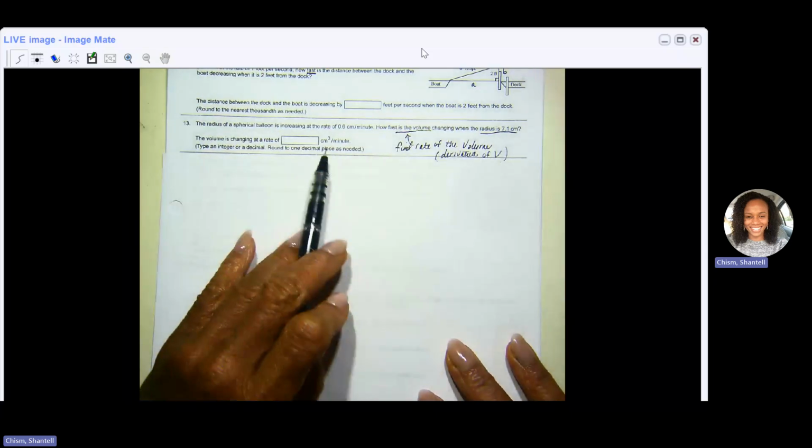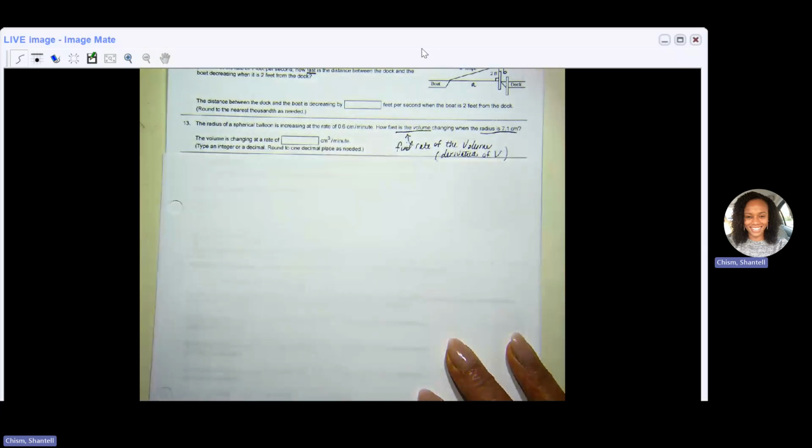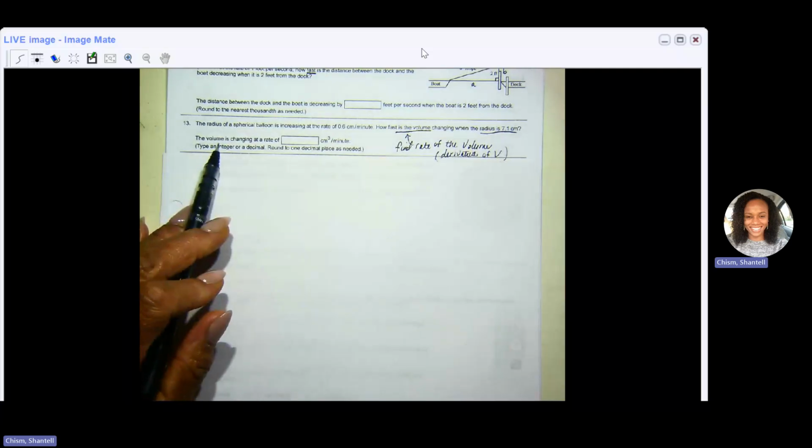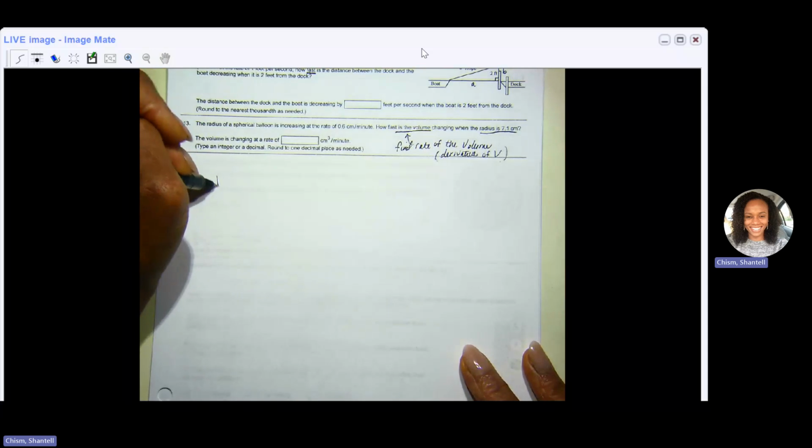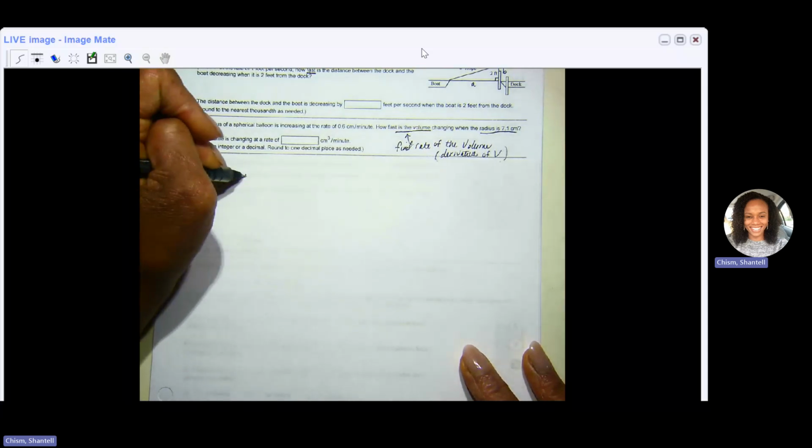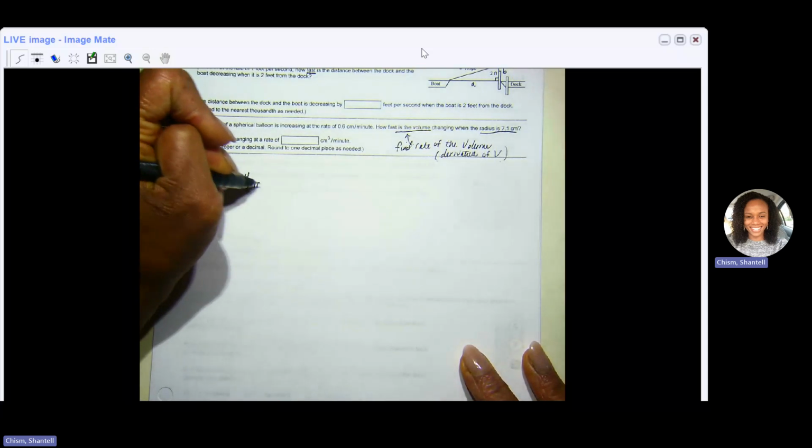And notice that it's cubic units. So that kind of helps reveal what formula we're using, and they tell us right here, volume. So we're looking for the volume of basically a globe, a sphere. So this volume formula would be V equals 4/3 pi r cubed.